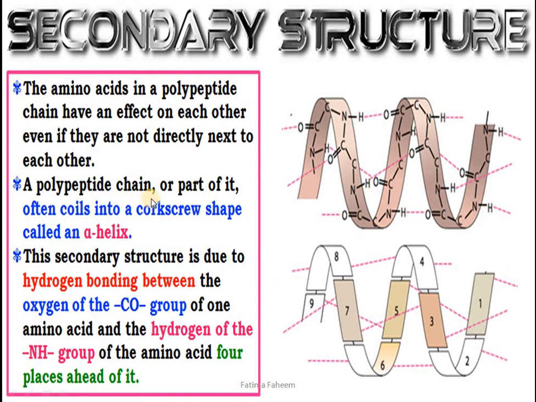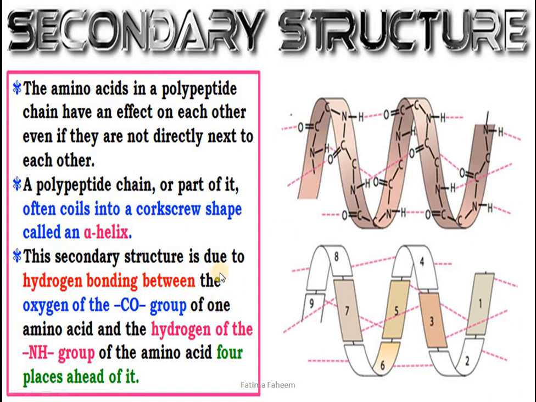A polypeptide chain or part of it often coils into a corkscrew shape called the alpha helix. This is the structure of the alpha helix, and you can see there is some kind of interaction between amino acids which are not directly attached to each other.